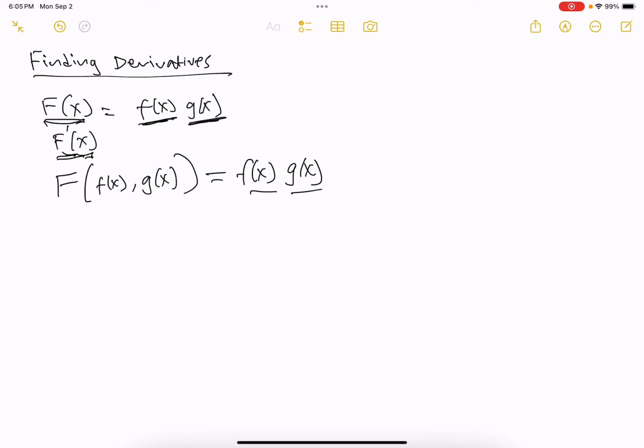So when I say f of uv is equal to uv, then I would say f prime of uv is equal to v du plus u dv. So derivative of the function with respect to u plus the derivative of the function with respect to v.